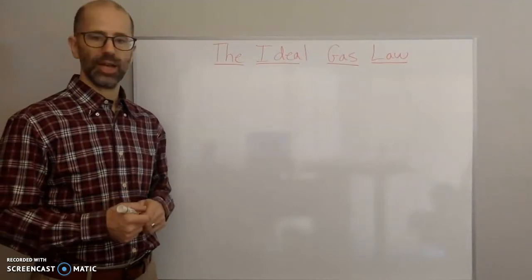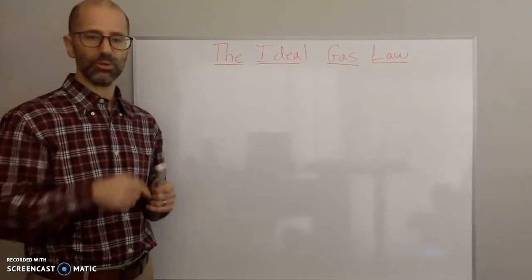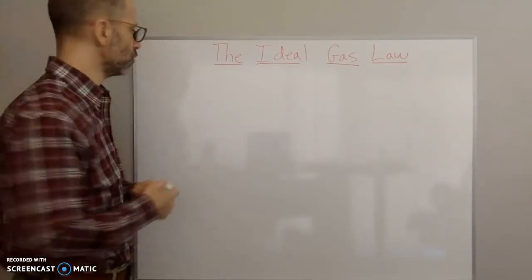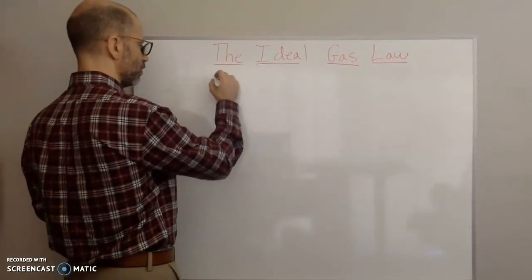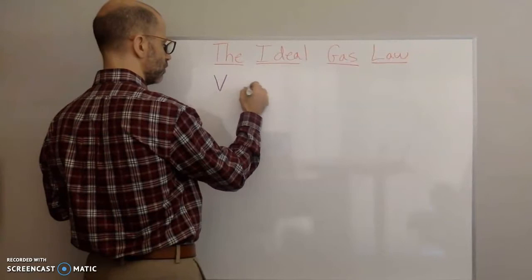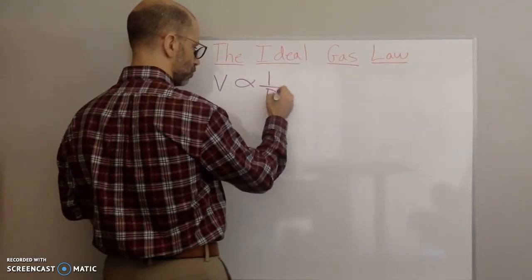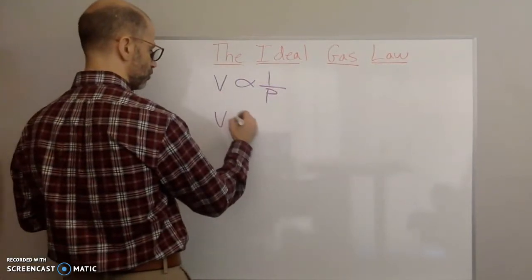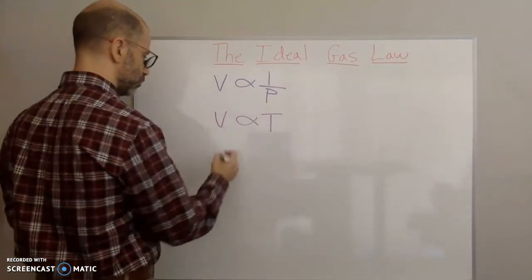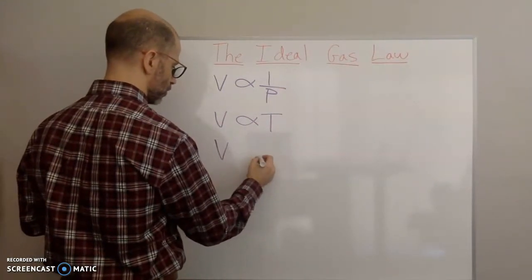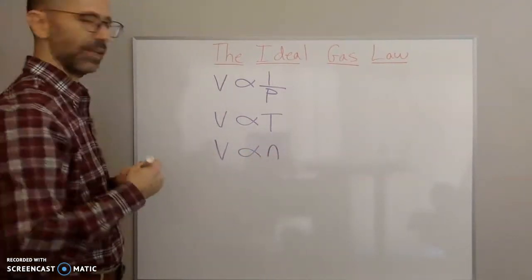Now, what is the ideal gas law? Well, I have to go back to the combined gas law to show you. If you remember, volume is inversely proportional to pressure, volume is directly proportional to temperature, and volume is also directly proportional to the moles of the gas.